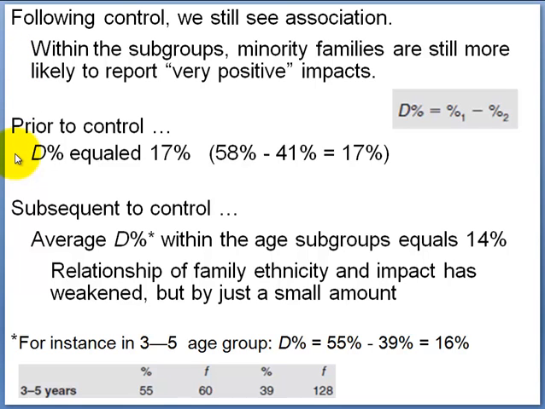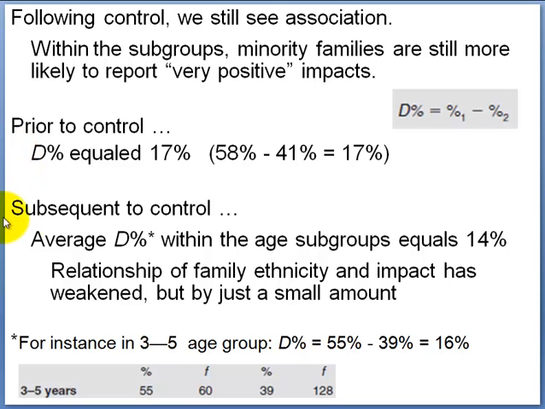Now, here's some rough math. This is not a formal procedure, but it is a pragmatic way that you might examine this data. Prior to control, which is to say for the full sample, the difference in percentages calculated to 58% versus 41%, or a difference of 17 percentage points. Minority families more likely to respond very positive.